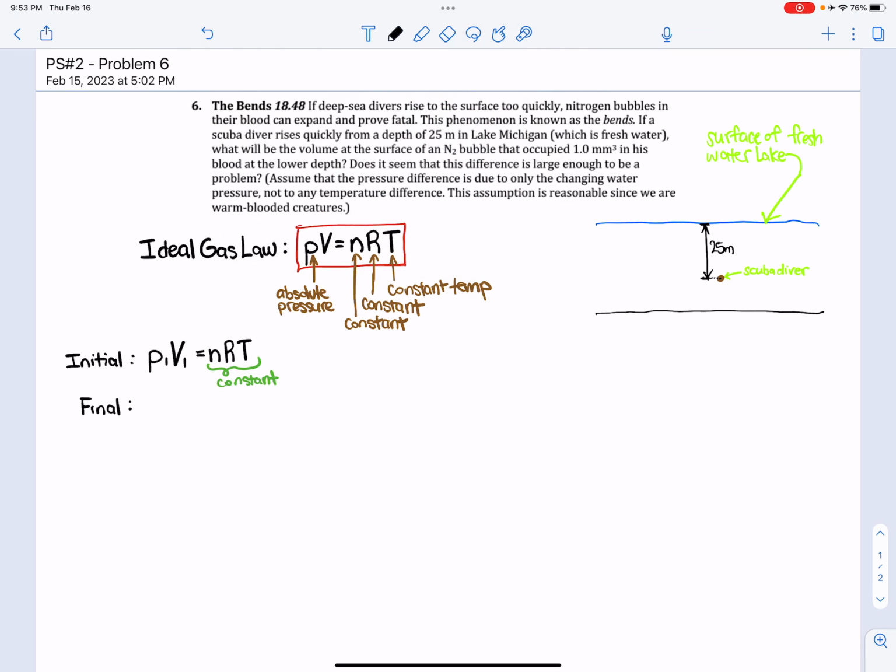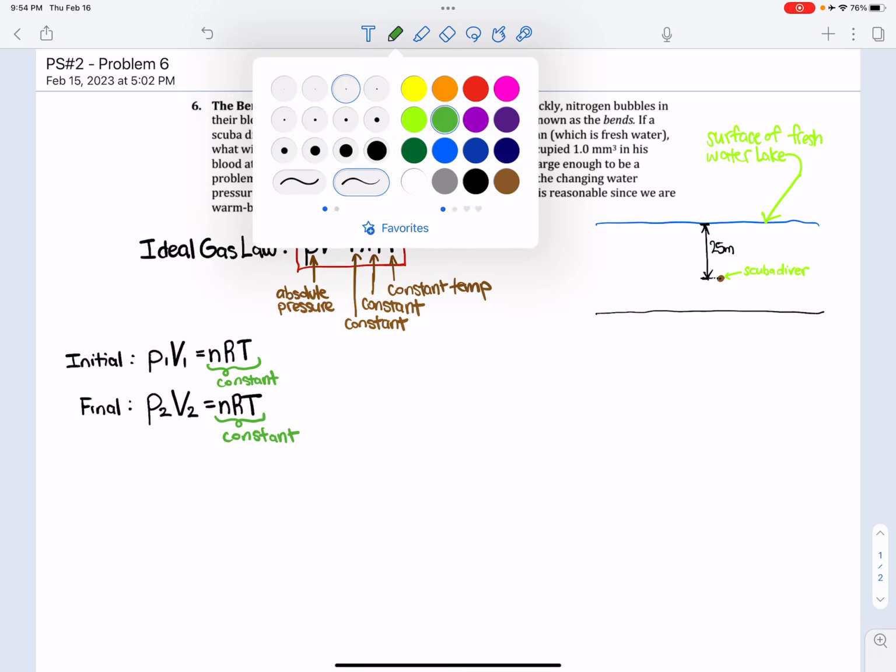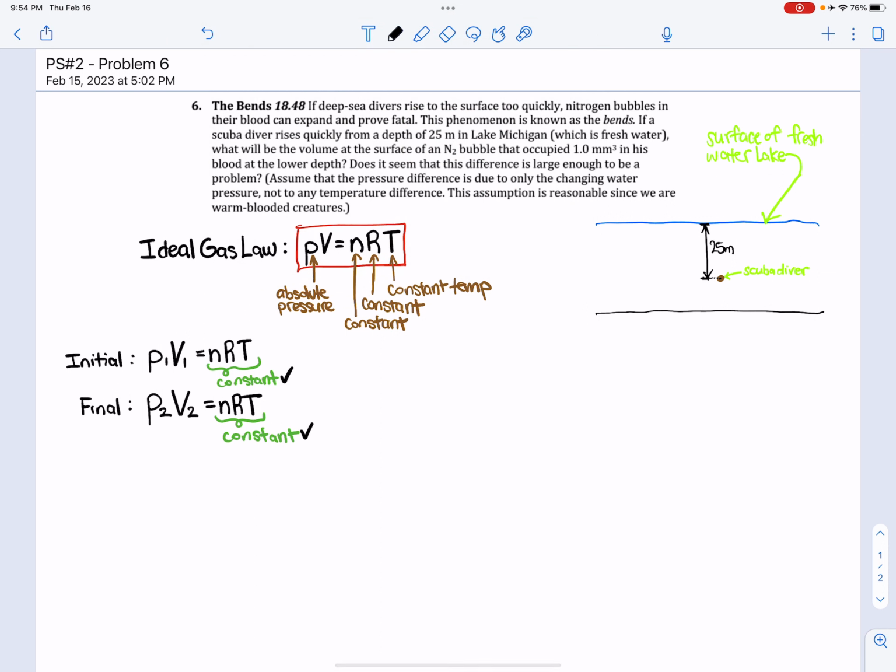For the final scenario, we're going to have the final pressure times the final volume is equal to nRT. And these just come from the ideal gas law. I'm just applying it to the initial and final scenarios. And the same thing for the final scenario, these three are constant because they don't change. So if this and this are constants, they're the same thing, that would mean that these guys are also equal.